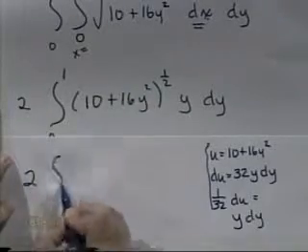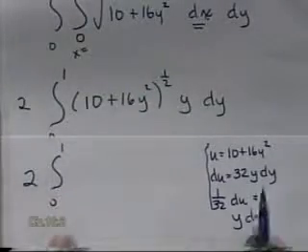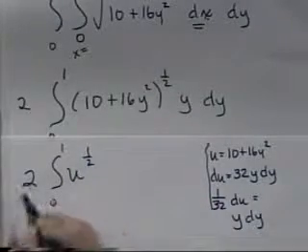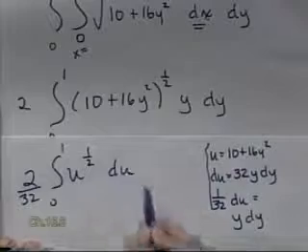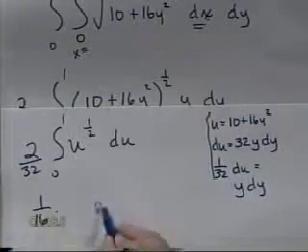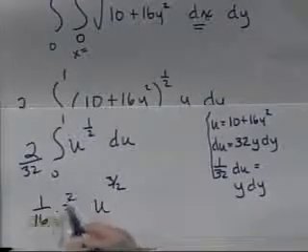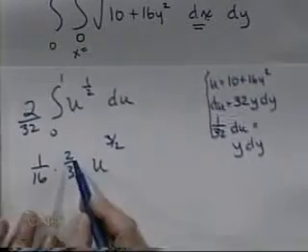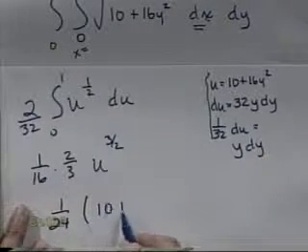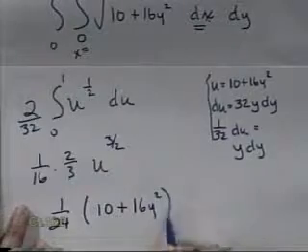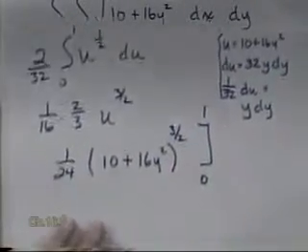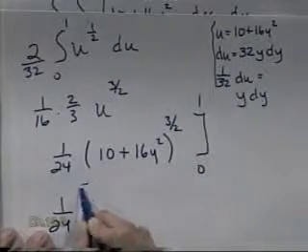So I get 2 times the integral as y goes from 0 to 1. U goes in for that, and for y dy, I'm going to put 1 over 32 du, which gives me 1/16 times u to the 3/2, dividing by 3/2 the same as multiplying by 2/3. 2 goes into 16 eight times, so I have 1 over 24 times (10 plus 16y squared) to the 3/2 as y goes from 0 to 1, which gives me 1 over 24, which I like to factor out.